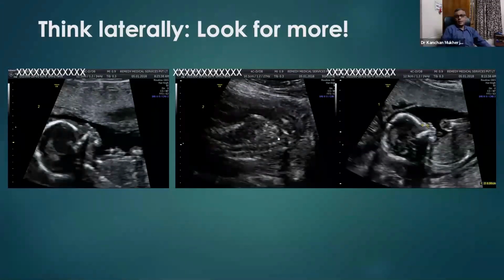I have already said to think laterally. If you find one abnormality, don't just stop at that. Keep looking for more. This was a case of twin pregnancy, IVF twins, and one had absent nasal bone, the other had present nasal bone. The one with the absent nasal bone also had echogenic bowel.